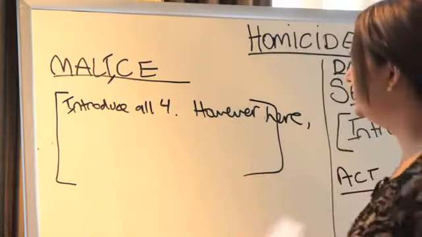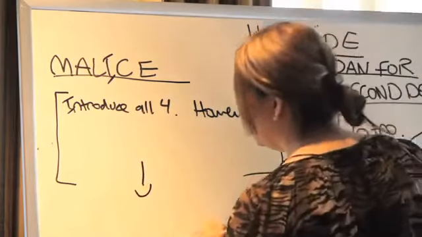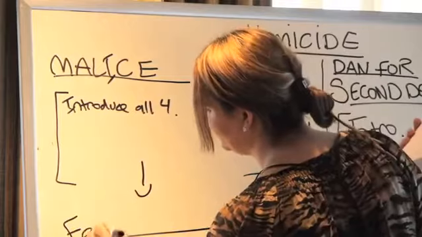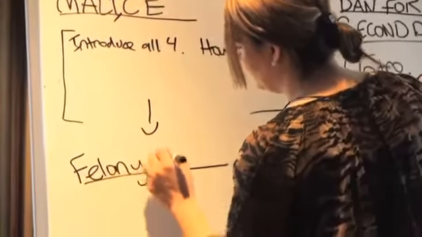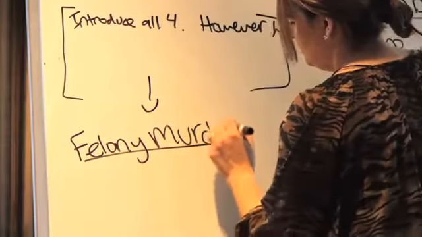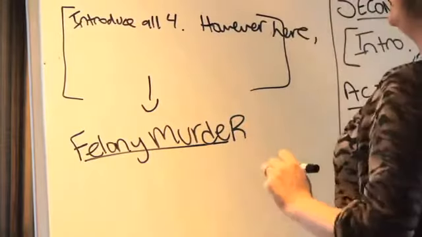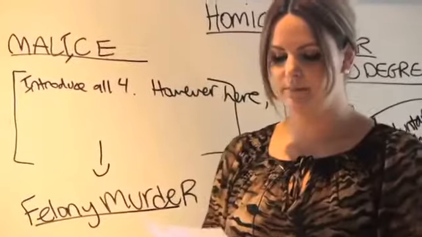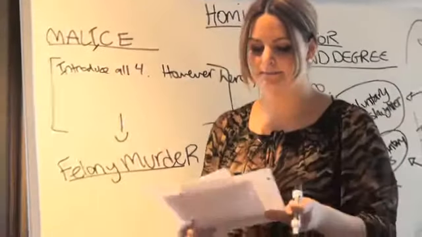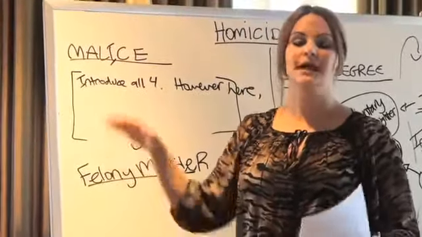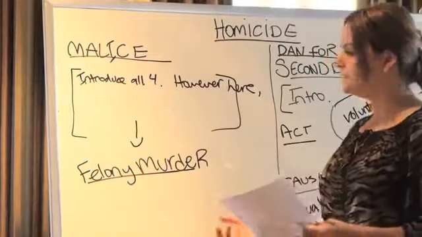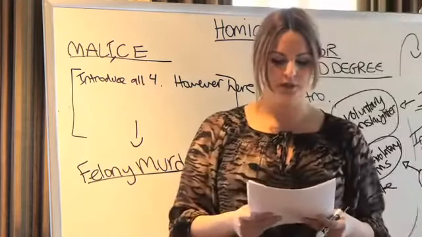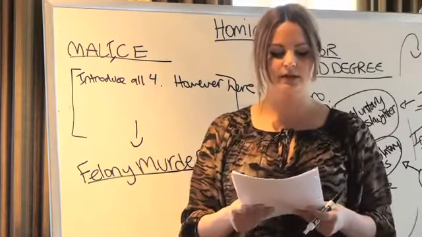You're going to go straight into your felony murder analysis, so your next heading right under that paragraph will be felony murder. Very concise, organized, and to the point. If you turn to your felony murder approach on page 3, you'll see how straightforward this approach really is. Any death caused during the commission of or in the attempt to commit a felony is murder.